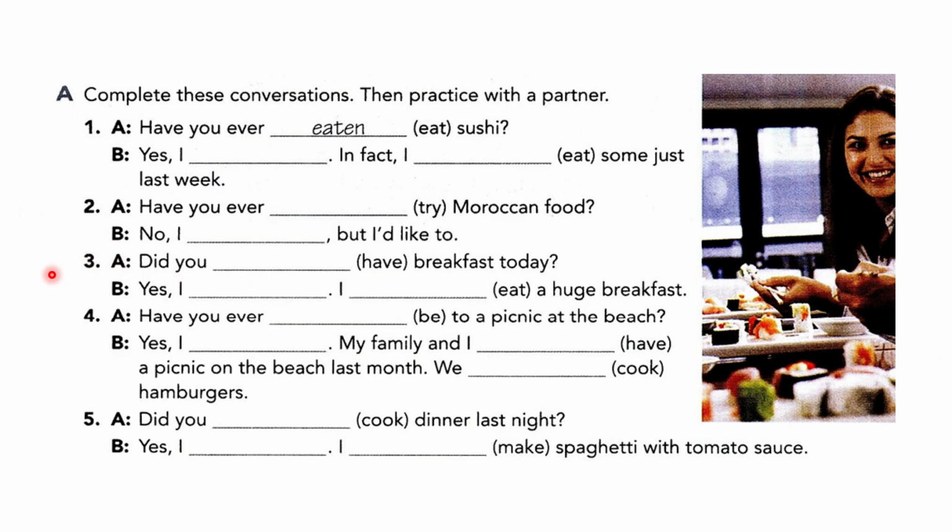So number three, letter A and letter B. Tell me, Ismael. Letter A, did you have breakfast today? Letter B, yes, I did. I ate a huge breakfast. Yes, that's right.